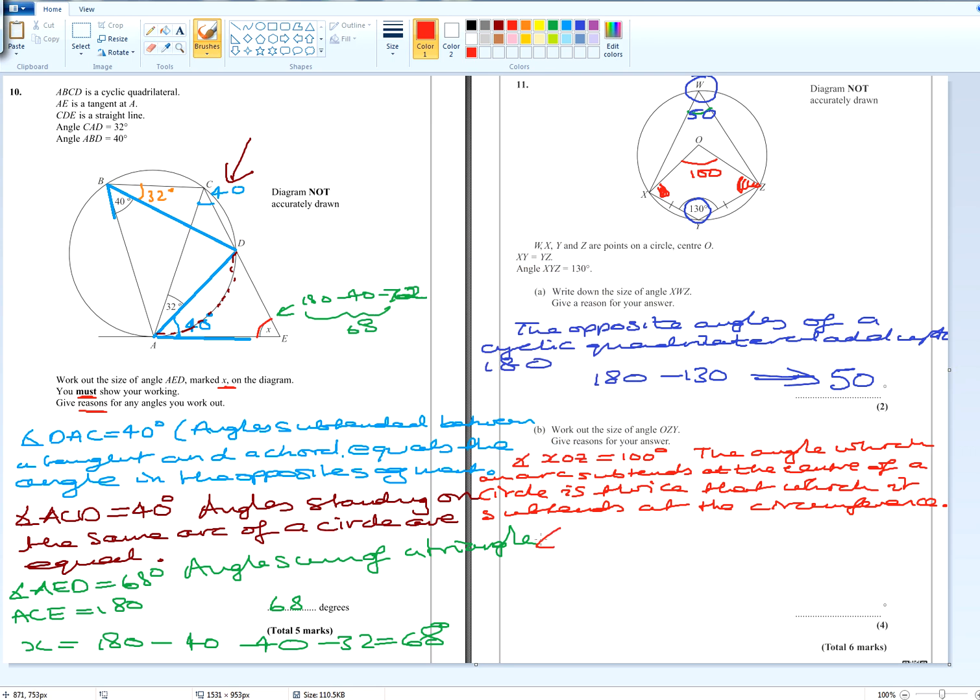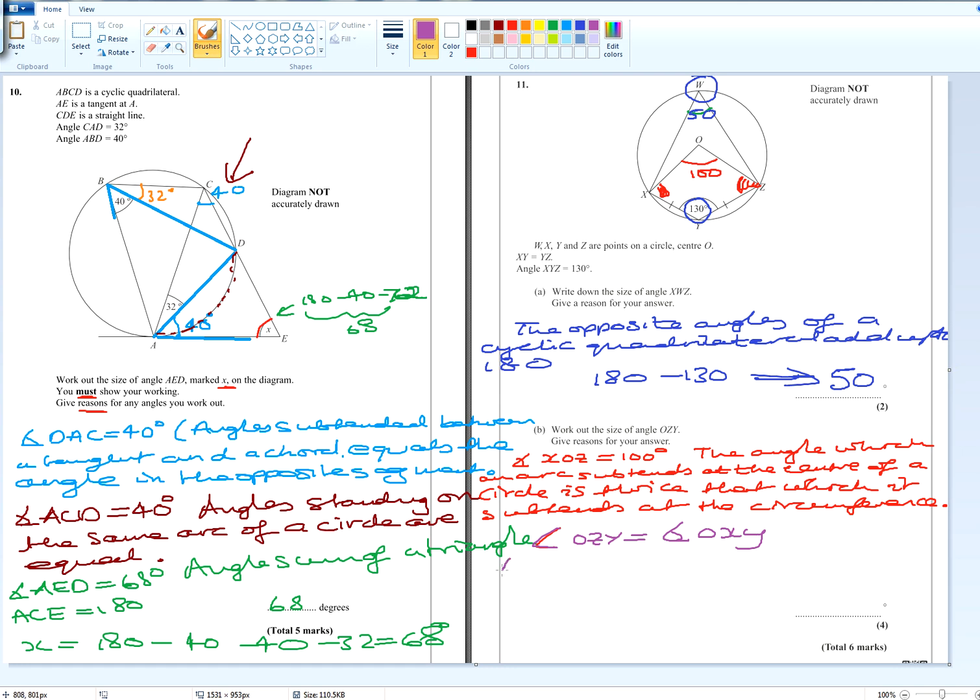Next part. Which angle are we going to work out? OZY. OZY is equal to angle OXY. Are we happy with that?